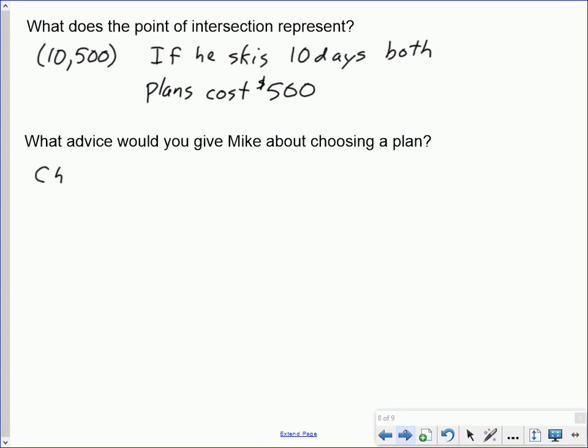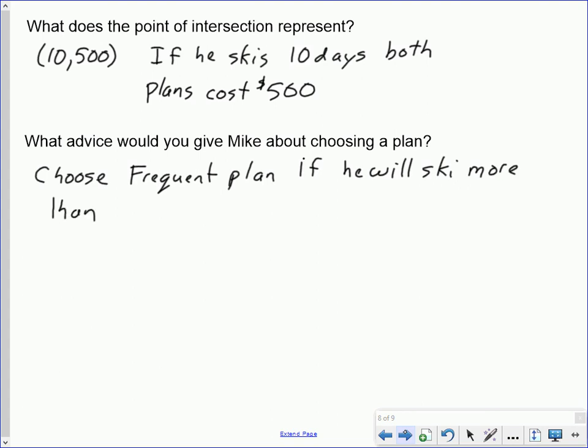We could say, choose the frequent plan if he will ski more than 10 days. Otherwise, choose the standard plan.